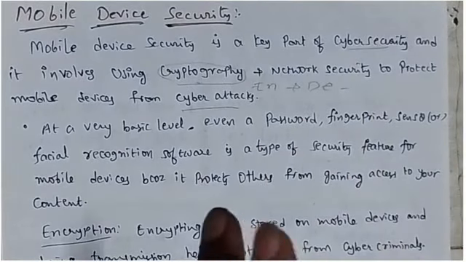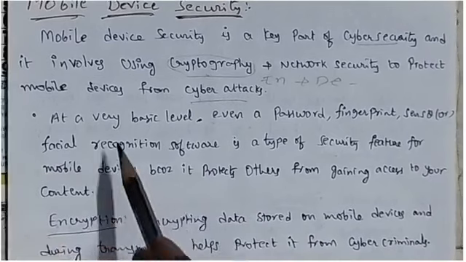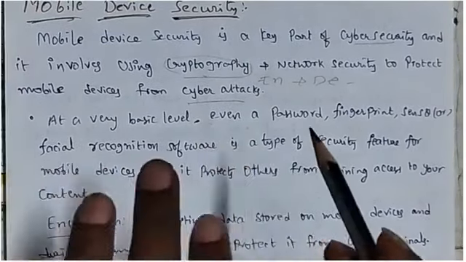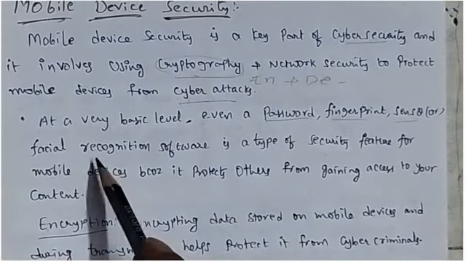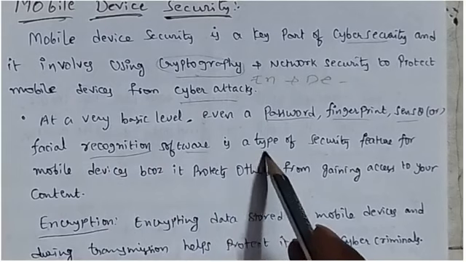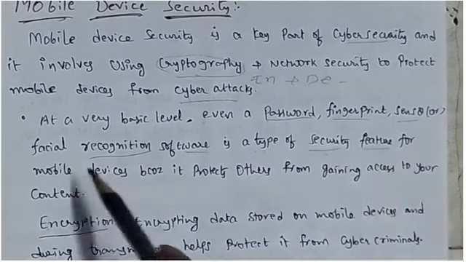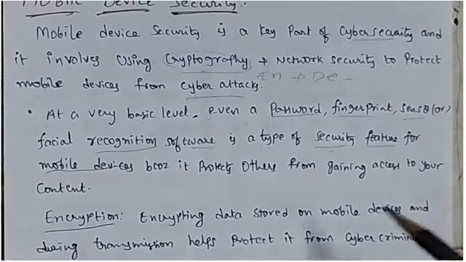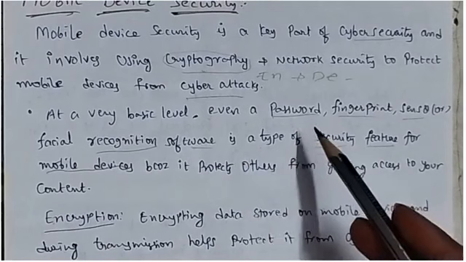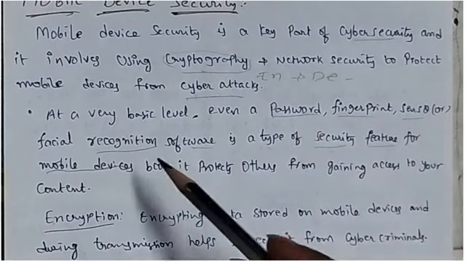Okay, at a very basic level, even a password, a fingerprint, a sensor, or facial recognition software is a type of security feature for mobile devices. Nowadays all mobiles contain any one of these: pattern lock, fingerprint, sensors or facial recognition.